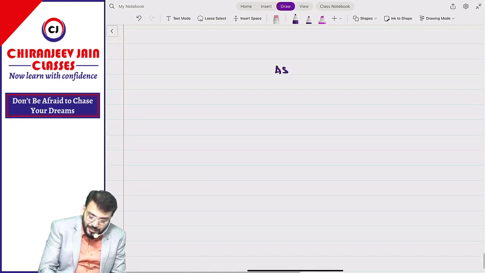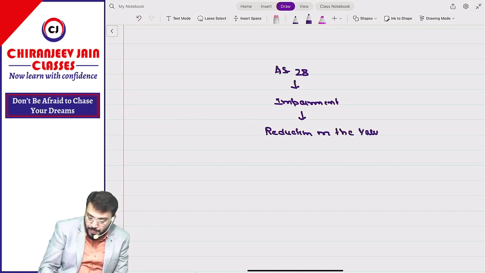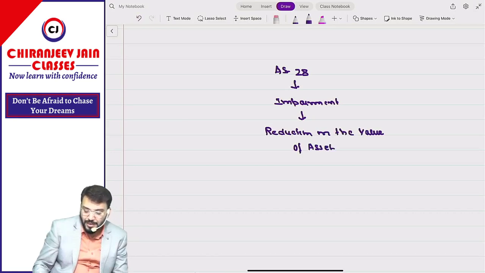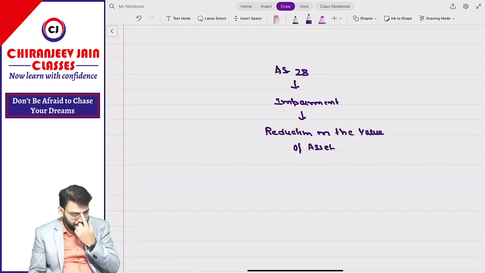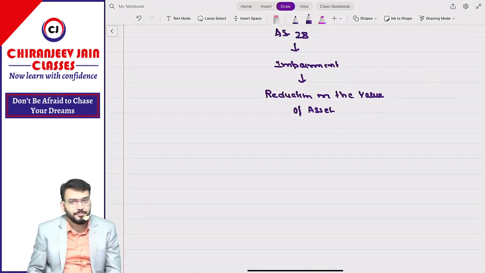When I am saying AS28, we are discussing impairment. Impairment means reduction in the value of asset. Understood? Correct.